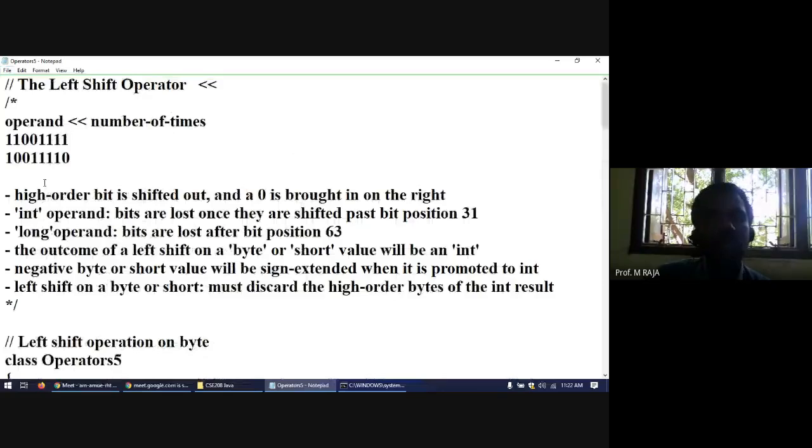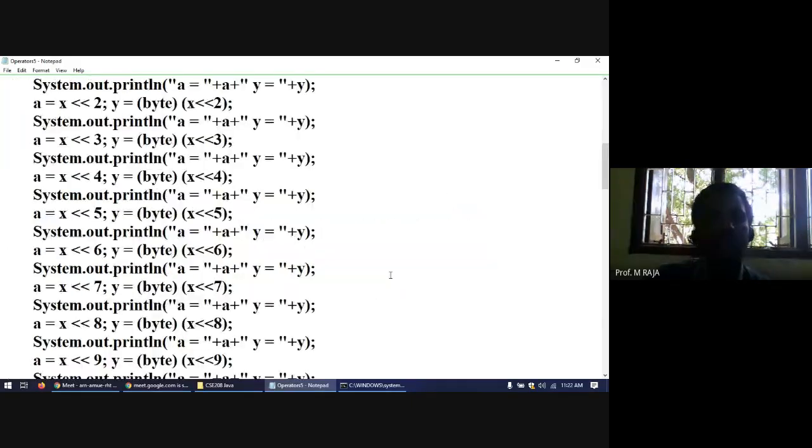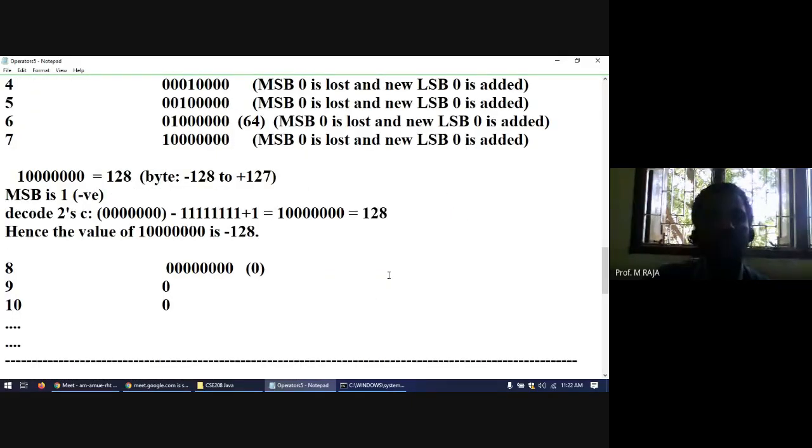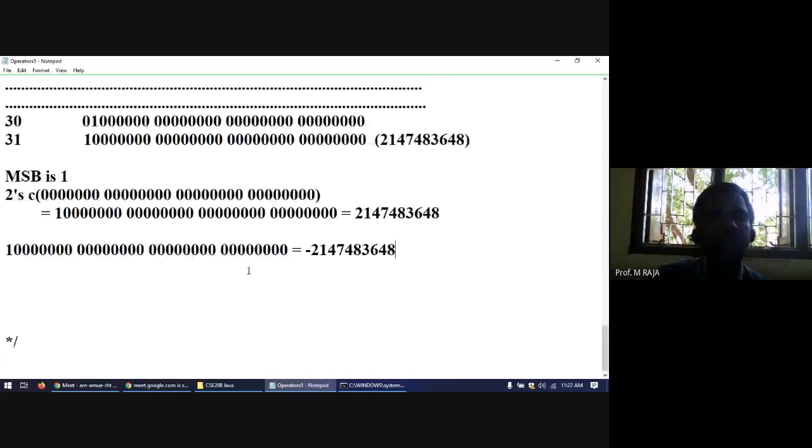So the higher order bit is shifted out, a 0 is brought in at the LSB. For the integer operand, bits are lost once they are shifted beyond bit position 31. So after 31, if you try to perform one more time, you have to carefully understand how the MSB is going to be lost and what about the new LSB. Try to check the code.